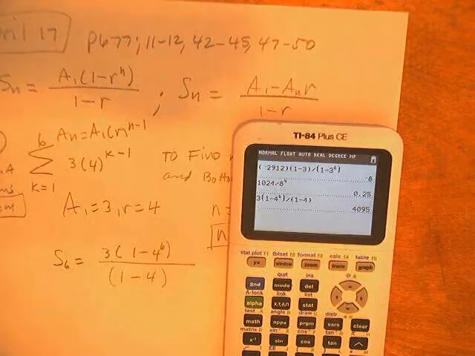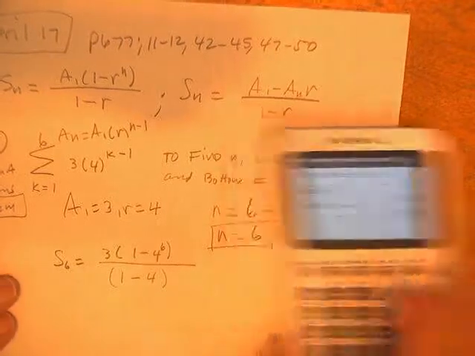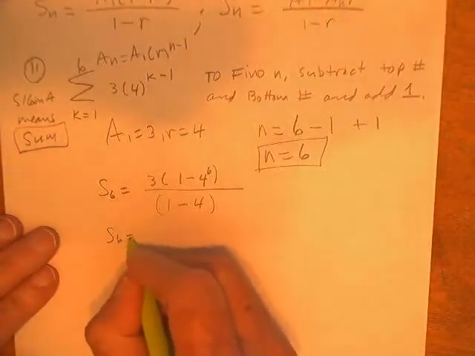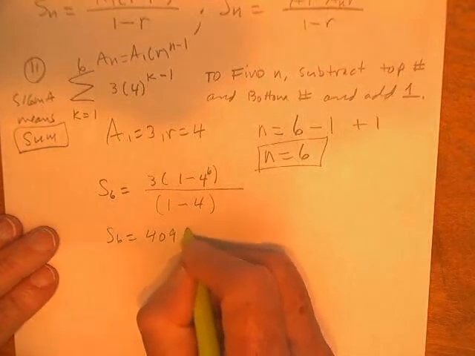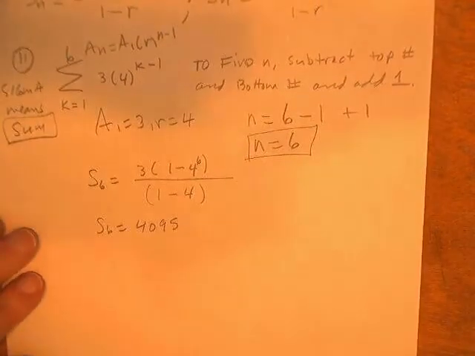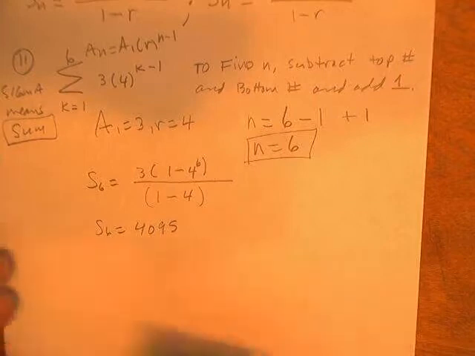Please use parentheses and it'll calculate this: 4,095, and we're done. So that should be okay on that.